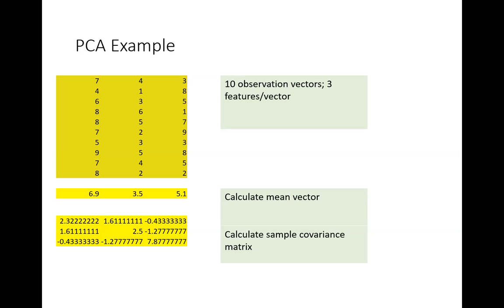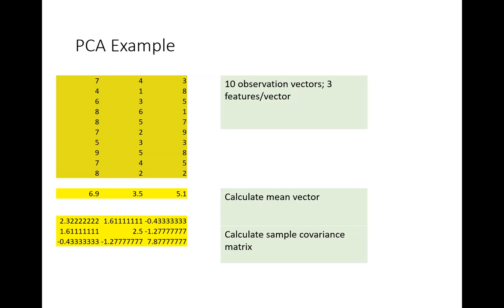Now with the mean vector, we can calculate the covariance matrix. If you do that calculation, your sample covariance matrix is going to look as shown over here. The first component is going to be 2.32, the second component 1.61, and then minus 0.433.